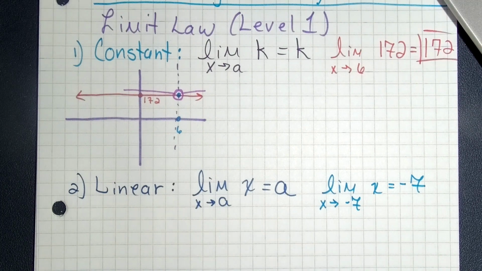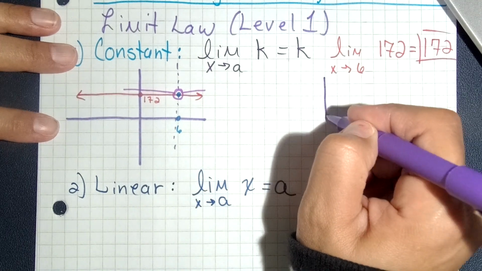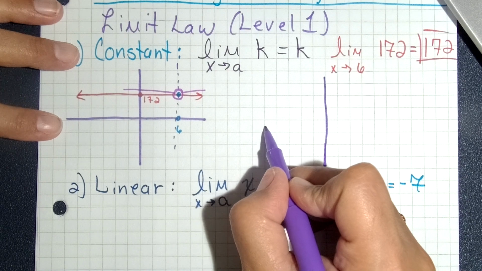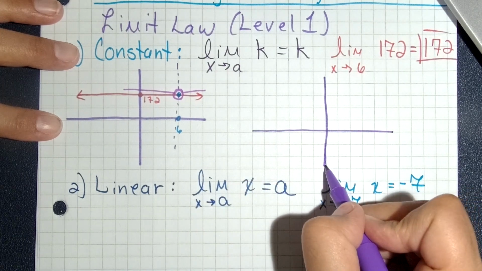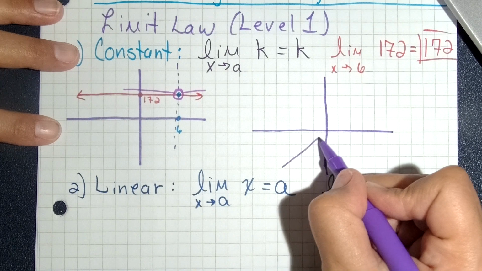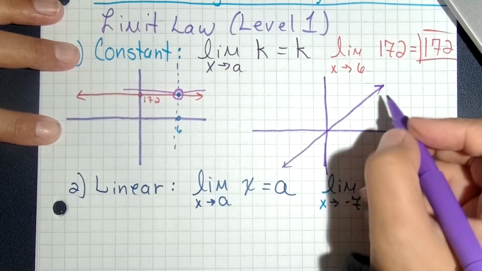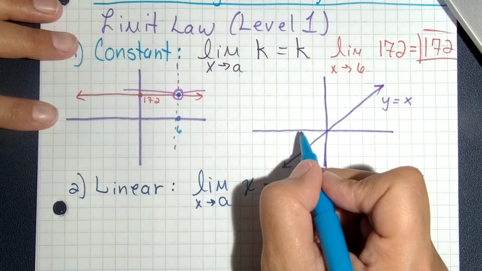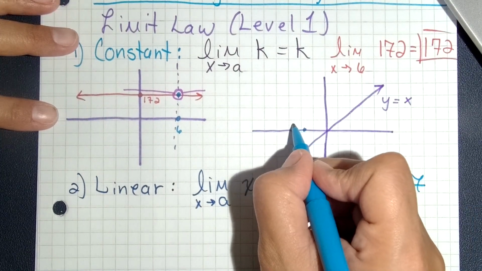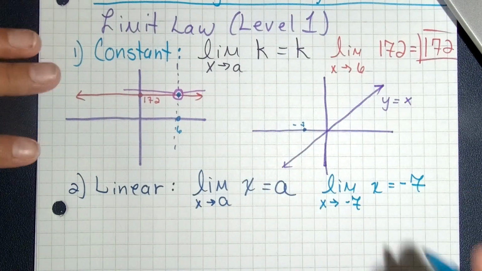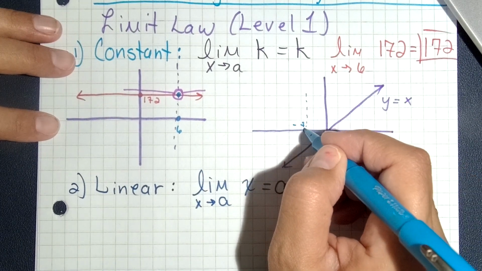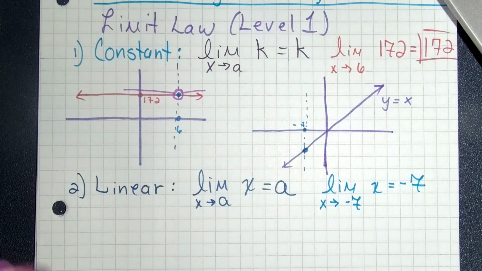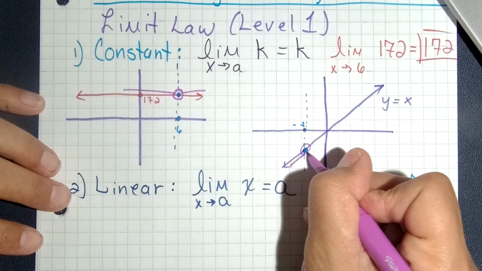Now, graphically, when we have y equals x, that means the x value and y value are going to be the same. So if I have y equals x here, and if I have -7, let's say -7's here, and I draw the line, which means if I approach from the left, I get this value.